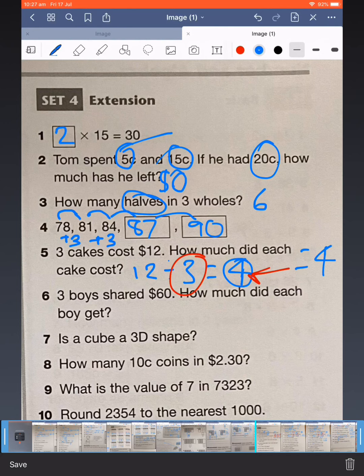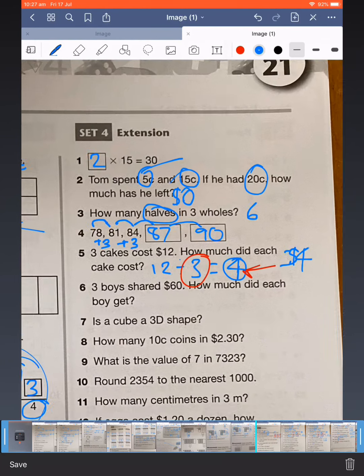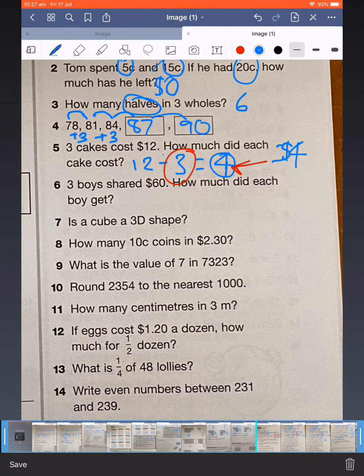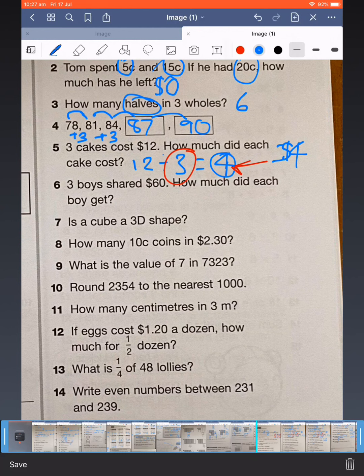Very good. Number 6, 3 boys shared $60. How much did each boy get? So this is division again. So we've got $60 divided by 3, because the boys are dividing it. All right, and I know that 3 times something equals 60. 3 times 20.